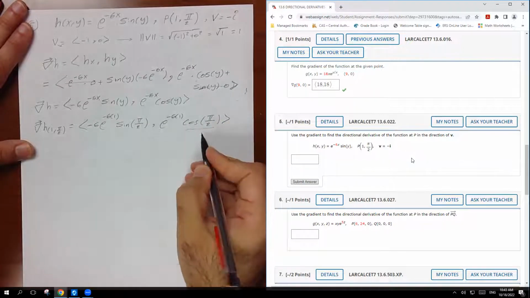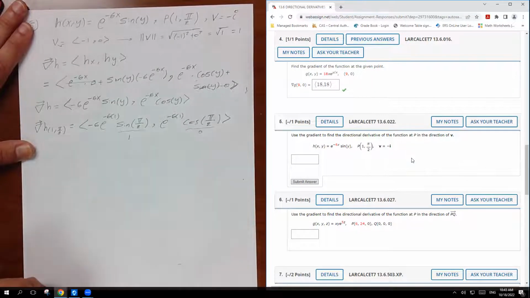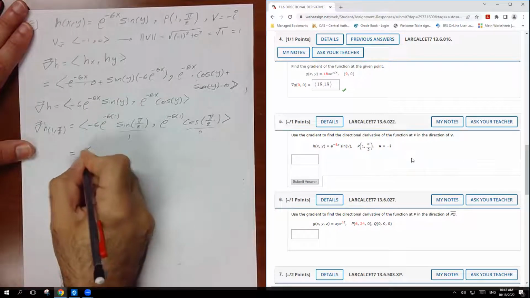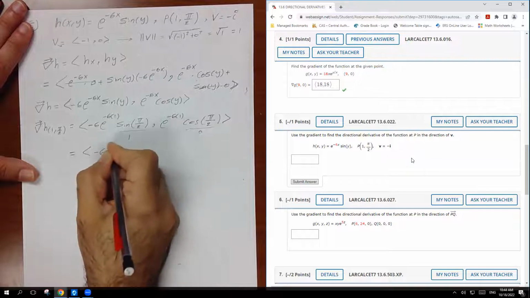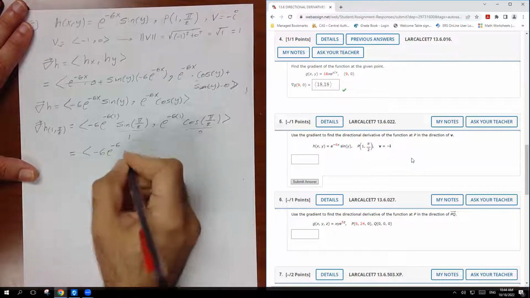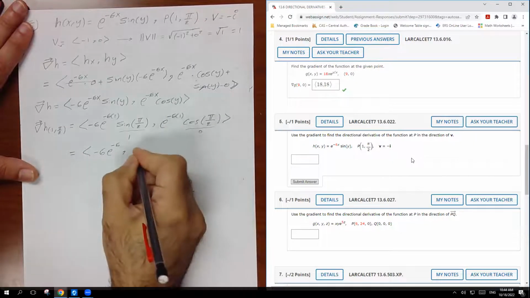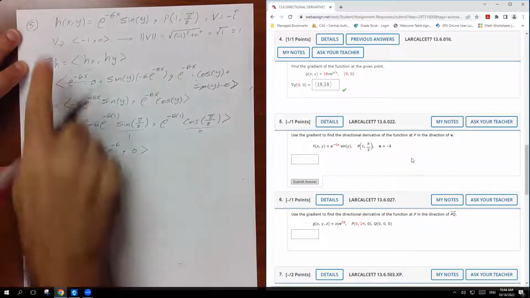Cosine pi over 2 is 0, and sine pi over 2 is 1. So this is -6 e to the -6 on the first component, and on the other side 0 times anything is 0. So this is the gradient for h.